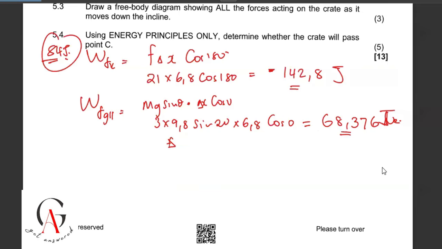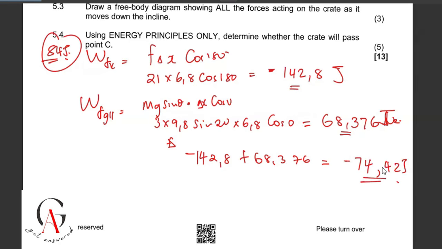We have 84, let's see. So if I get negative 142.8 plus the 68.376, we are getting negative 74.42 joules.